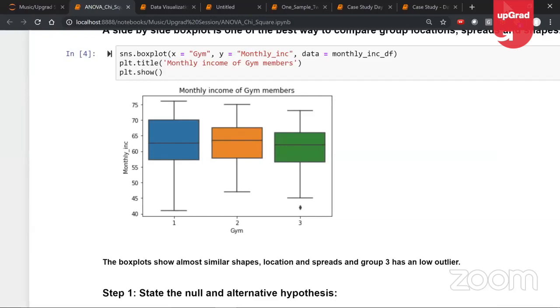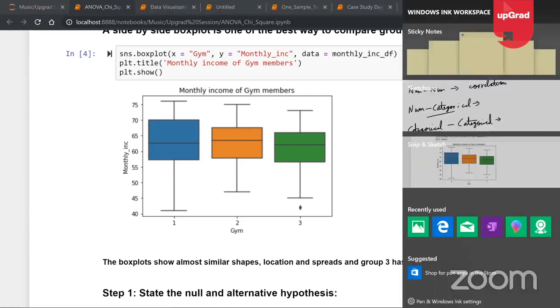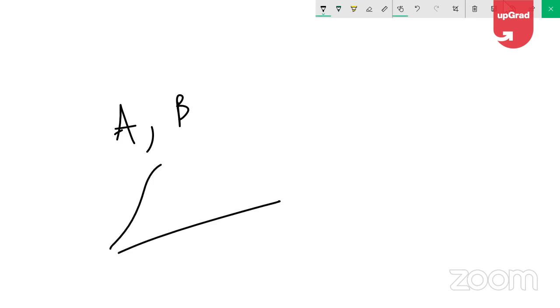But what I want to do is use a hypothesis test and t-testing technique to tell me whether there exists a relationship. All of you have done 2 sample t-tests, right? Where you're comparing 2 different samples. Gym 1, gym 2, which gym is higher? Is there a significant difference? So it's like comparing gym A and gym B. You basically have a gym A distribution and a gym B distribution.